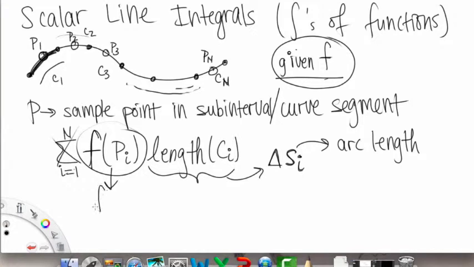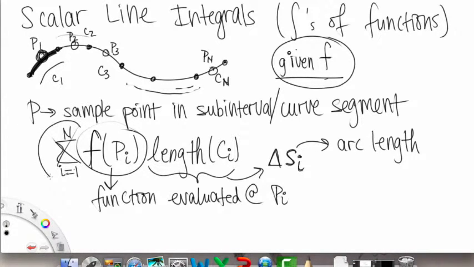So the function evaluated at P sub i, and we take the value of the function there and multiply it times the length of the little curve. Okay, and what the sum means is that we're going to do this at all of the little curves and then add them all up. So then we get a total value for the whole curve. Okay, so this turns into, I'll move on to the next slide.